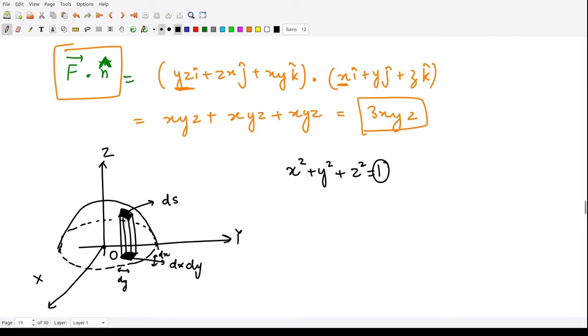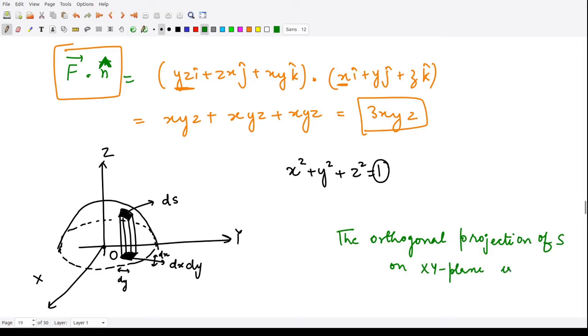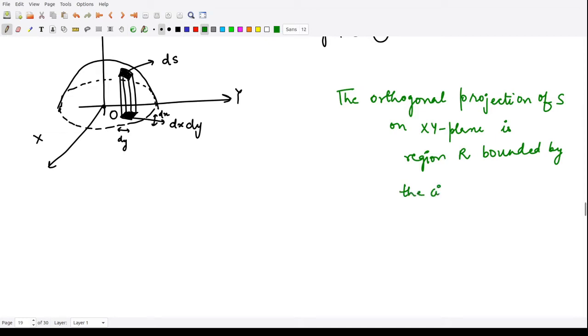So therefore you have the value of your integral as follows. The orthogonal projection of the surface S on the xy plane is given by the region R, which is bounded by the circle x square plus y square is equal to 1.